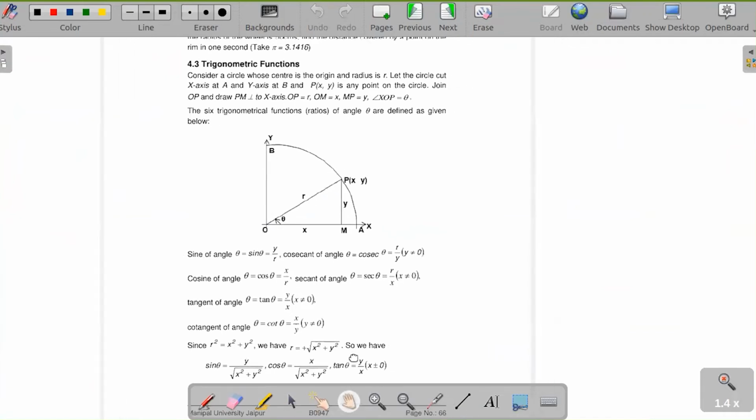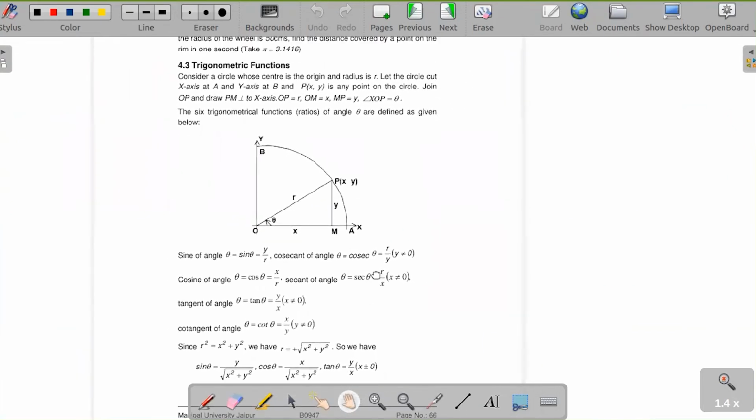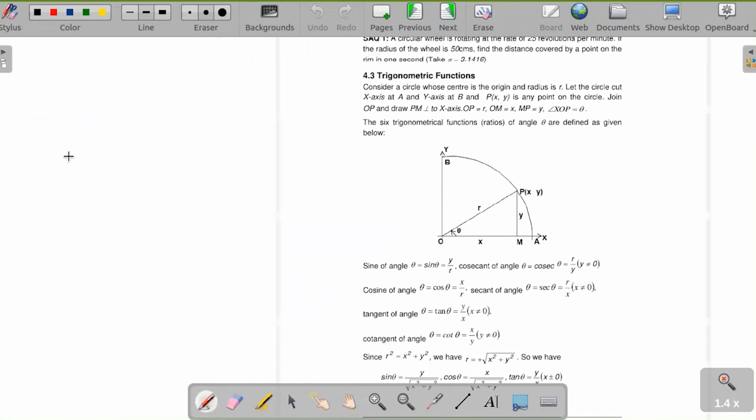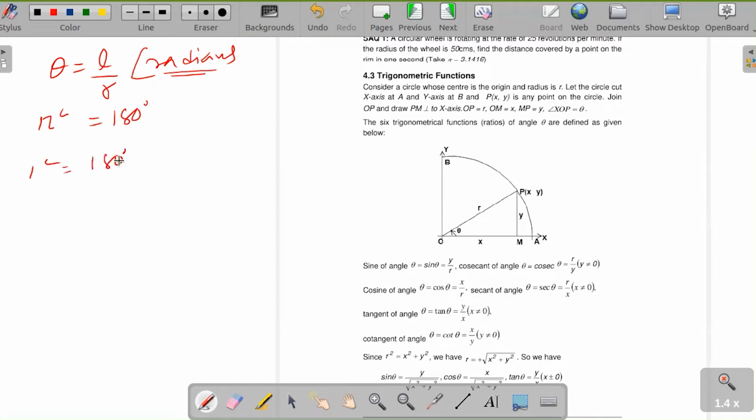Now comes to trigonometrical functions. Okay, first let me recap what we learned previously. So first we learned theta is equal to L by R. This is the formula, and this is only used in radians. Then we learned pi radian is equal to 180 degrees, 1 radian is equal to 180 degree by pi, and 1 degree is equal to pi by 180 radian.